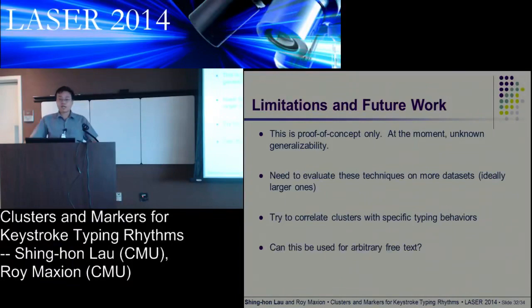And finally, as a more far-looking question, can we use these techniques for arbitrary free text? What I've described here today is mainly intended to work where you're seeing multiple repetitions of the same password over and over again. But there's a question of how exactly we extend these techniques when people might type anything at all.